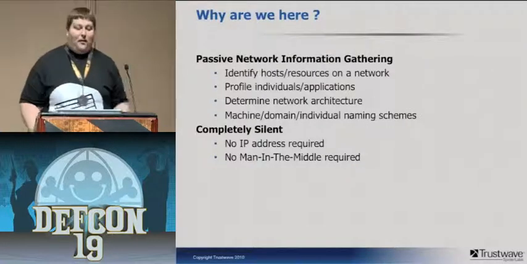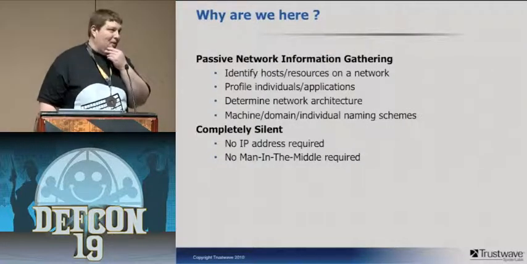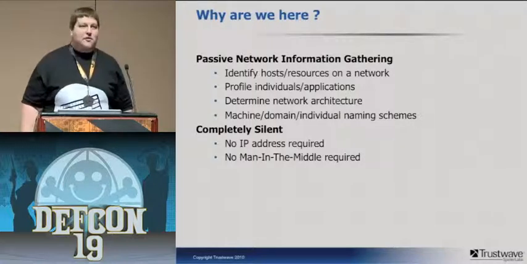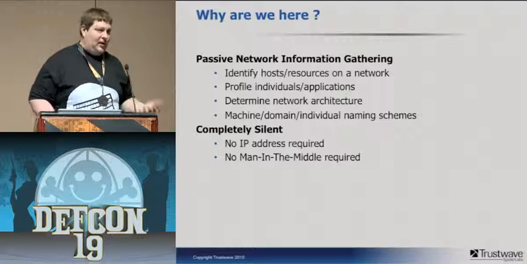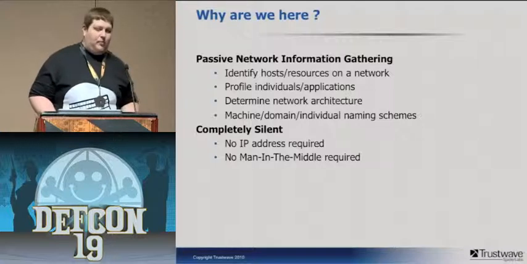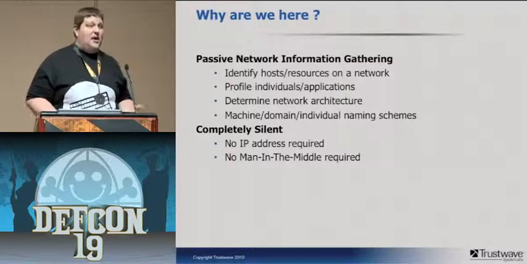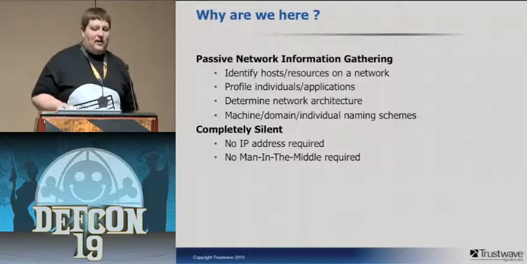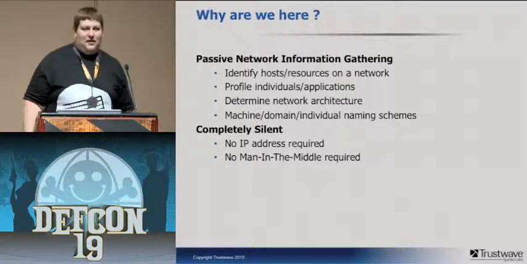So why are we here? While I was looking at network traffic doing pen testing, I was getting frustrated because looking at Wireshark data is really cool, but it's kind of a pain because getting data out of that to prioritize and really get into some sort of manageable format isn't necessarily easy.